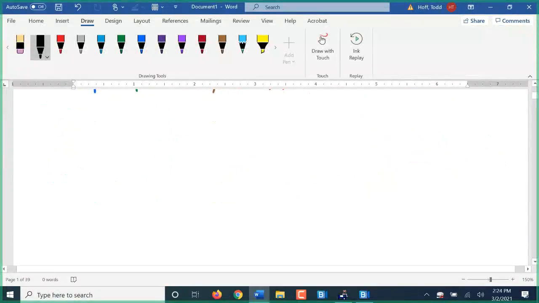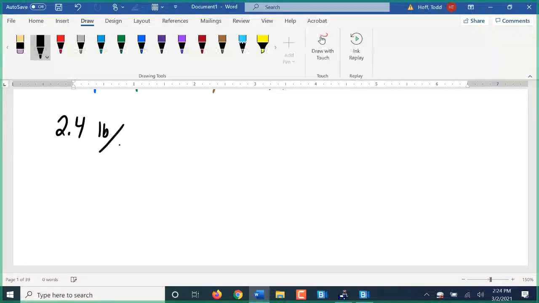Where things get a little tricky is if we're converting something like, let's say we're doing 2.4 pounds per cubic inch, and I want to convert that into kilograms per cubic centimeter.